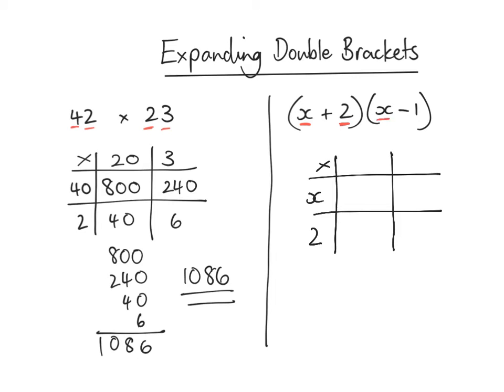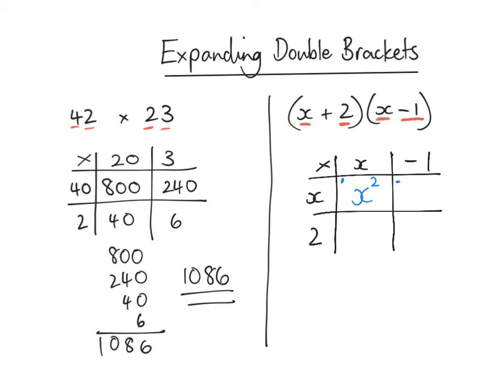Next thing, this one's split up for you. It's an x. Be careful because it's a negative 1. So this one is an x and a negative 1. Now here is where you have to be quite careful. Be really careful when you're doing these multiplications. So for instance, this box, x times x, we know that, what is it? x squared. Be careful.